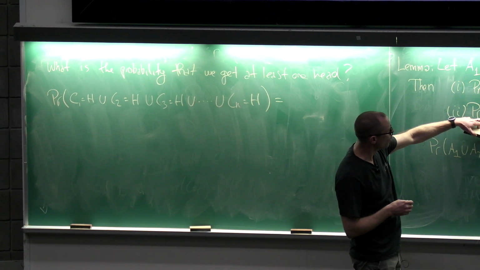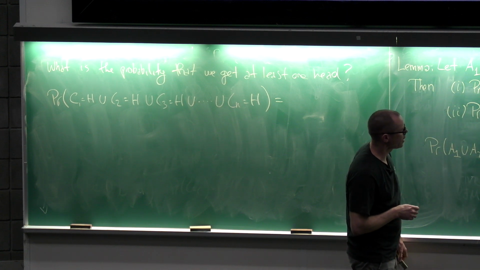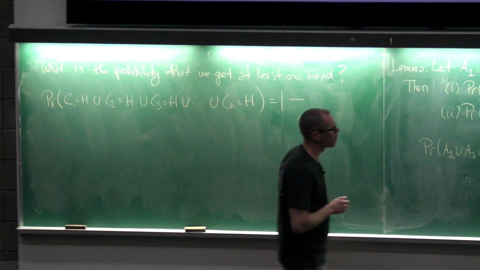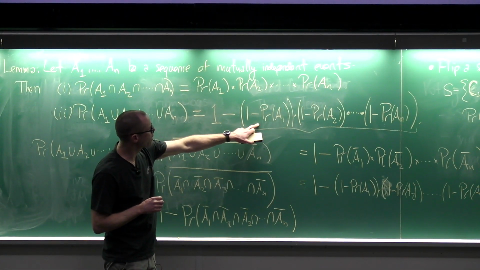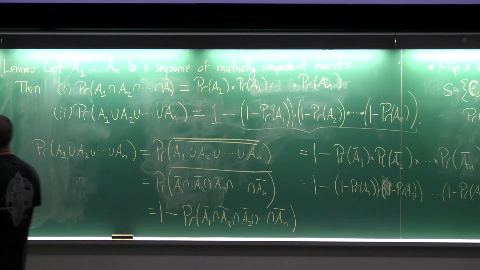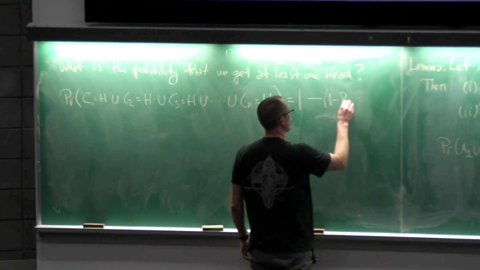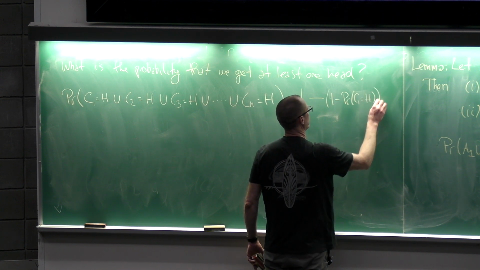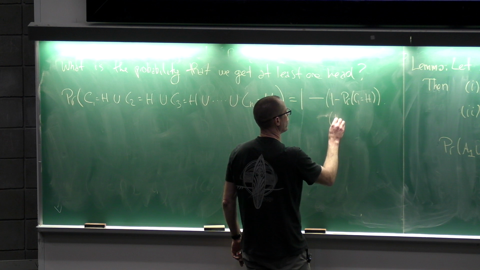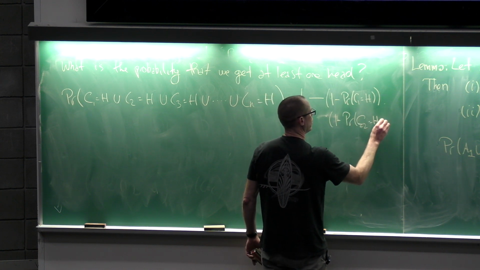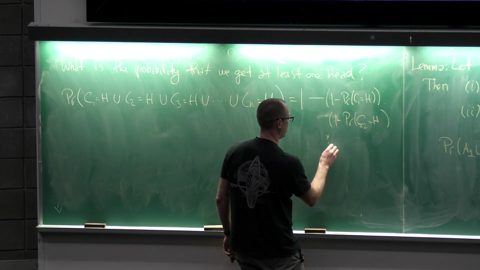We have this part 2 of this formula that tells us that that is 1 minus something, a product of things, and the first one is 1 minus the probability that C1 equals heads. And the next thing in the product is 1 minus the probability that C2 equals heads. And then the next thing, and so on.